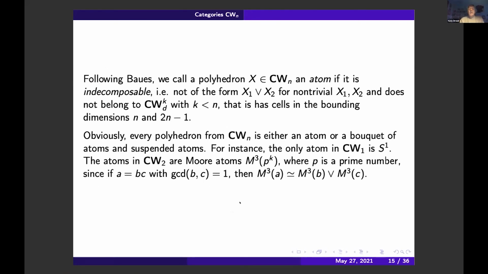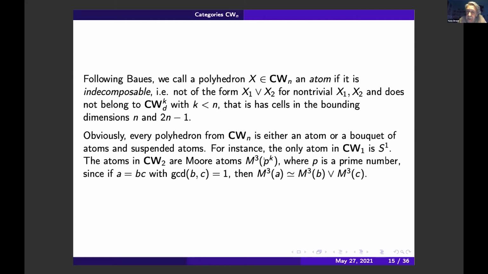Obviously, every polyhedron is either an atom or a bouquet of atoms and maybe suspended atoms. For instance, the only atom in CW1 is the circle, and the atoms in CW2 are Moore spaces.